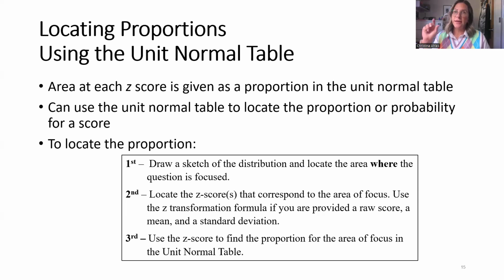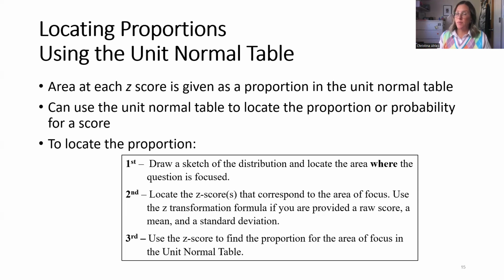Then you're going to locate the z-score that corresponds to the area you're looking for. That means you might need to use your z transformation formula if you're provided a raw score, so you'd have to transform your raw score to a z-score. Then you're going to use that z-score and find the probability in the appropriate column in the unit normal table.